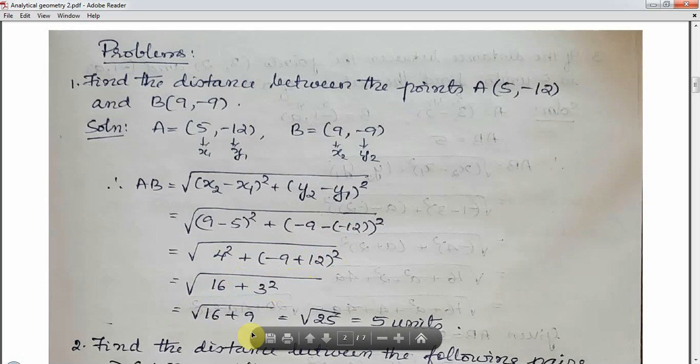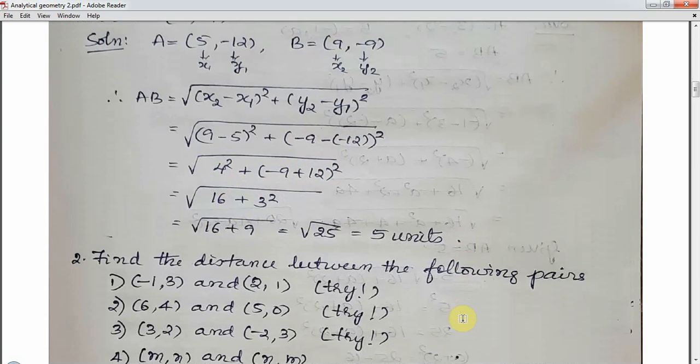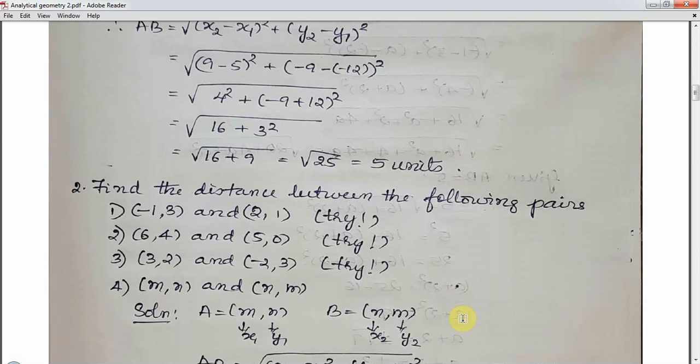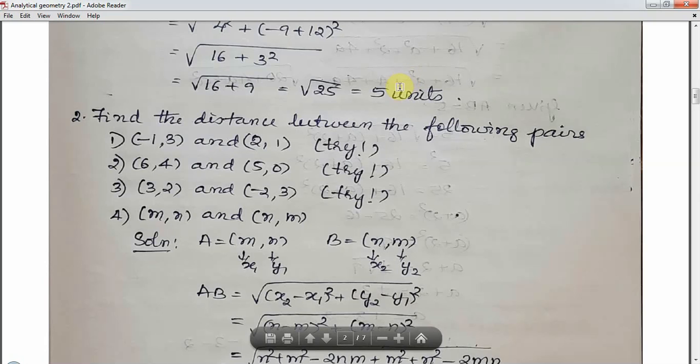Therefore root of 16 plus 9, that is root 25, which is 5 units. Since the distance is given between 2 points, we don't know if it is in meters, centimeters, feet or inches, so we usually write some units. We'll write it as 5 units.